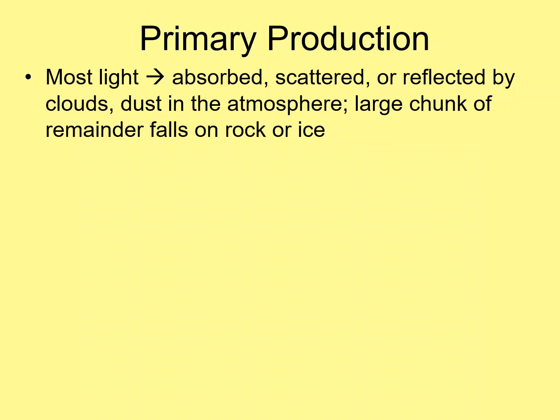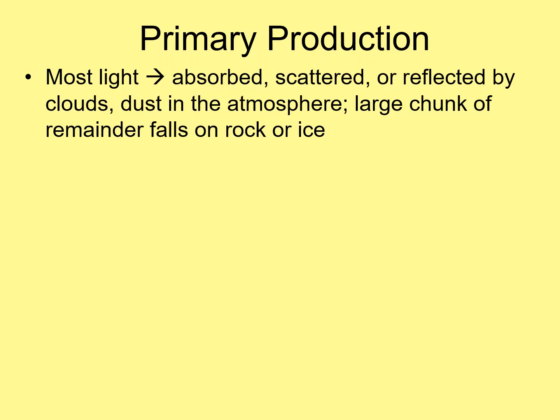So most light that hits the earth actually does not fall on organisms that are doing photosynthesis. Most of it is either reflected right back out into space by the atmosphere, or it's absorbed by and scattered by clouds and dust and other things in the atmosphere.